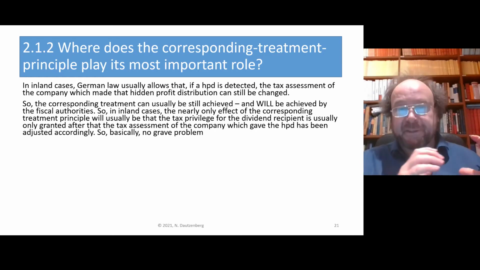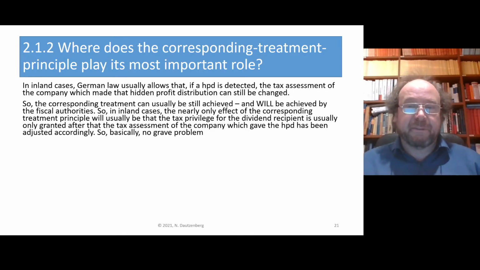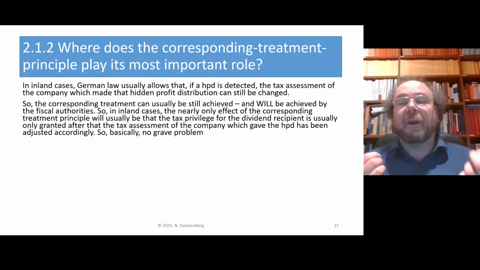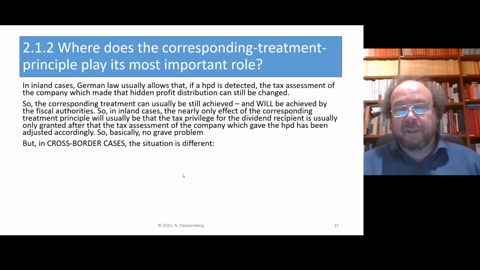is not noticed on the corporation level, and that later the hidden profit distribution is noticed when the shareholder is assessed, and that you then really have a non-corresponding treatment on both levels, with the consequence that the shareholder has no right to the reduced rate or 60/40 or 8B1.